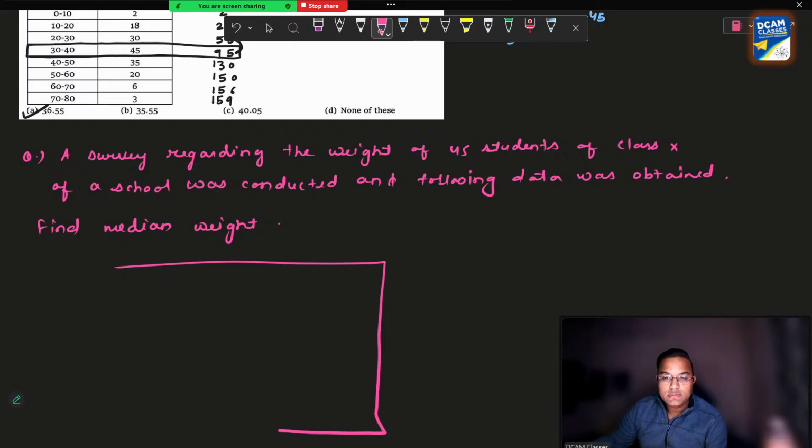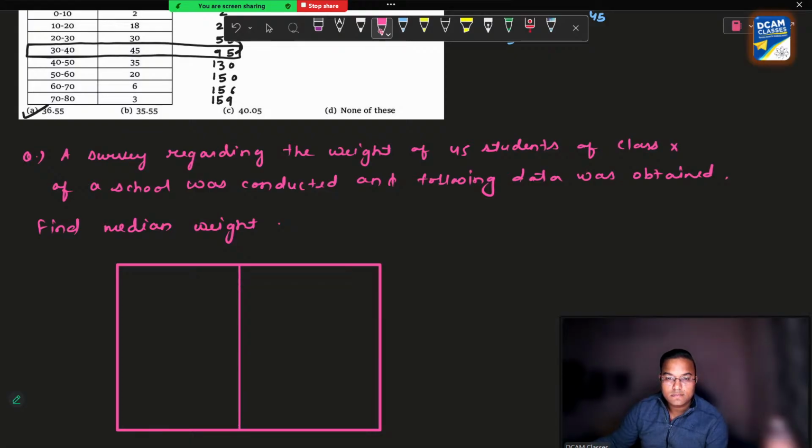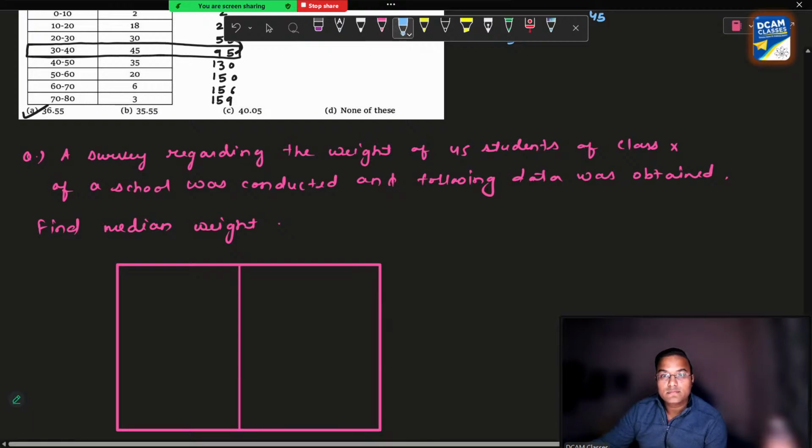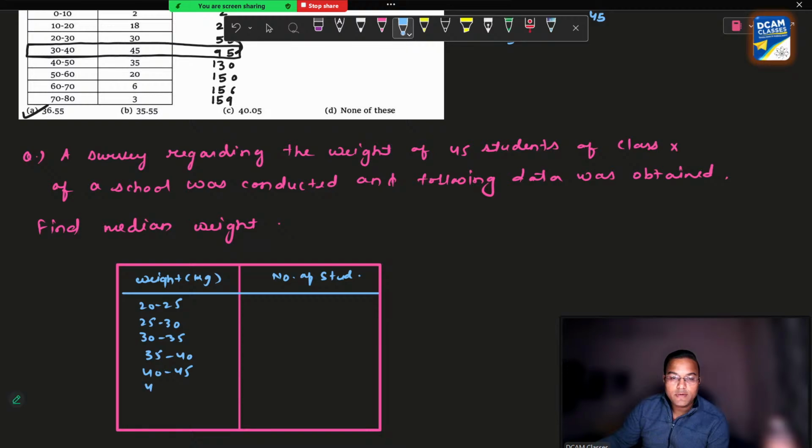The table you have is this. This is weight in kg and this is number of students. 20 to 25, 25 to 30, 30 to 35, 35 to 40, 40 to 45, 45 to 50, and 50 to 55.